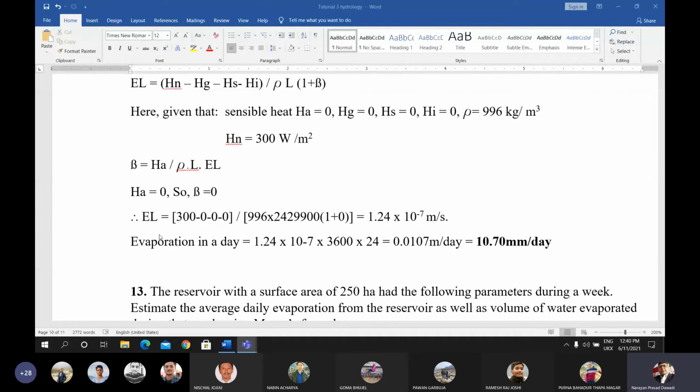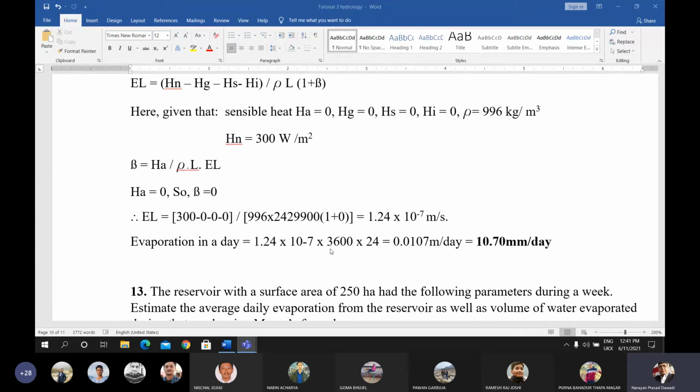Now evaporation in a day: per second this volume of water is evaporated. Okay, now for a day, evaporation in a day will be 1.24 into 10 to the power minus 7, and this second is converted into hour by dividing by 3600 and again multiplied by 24 to convert into the day.